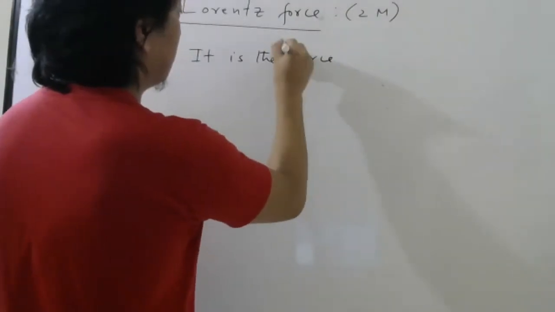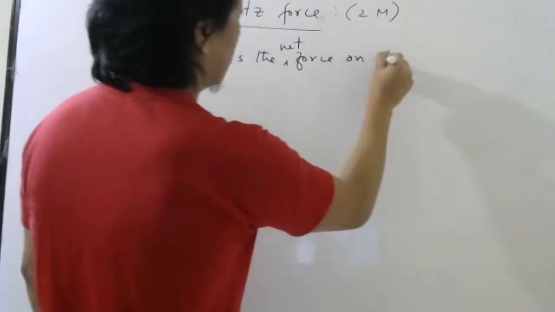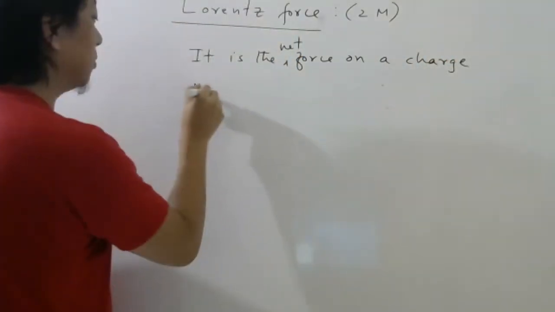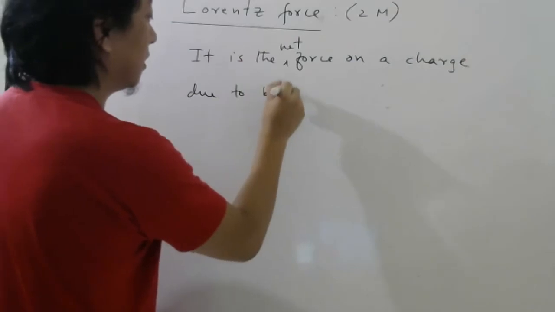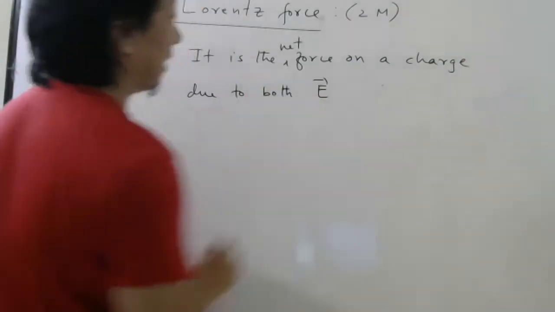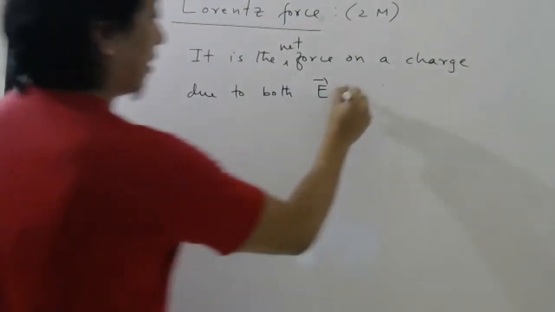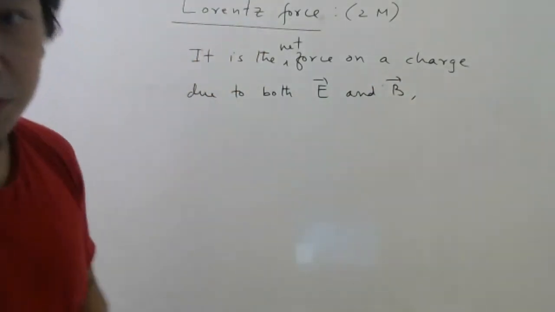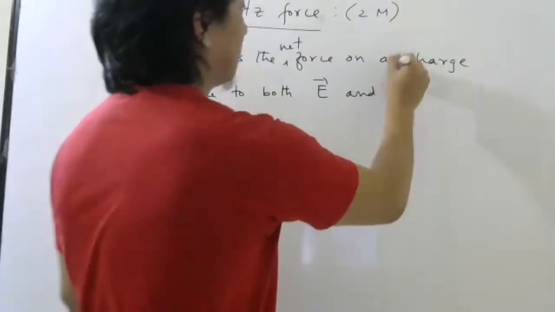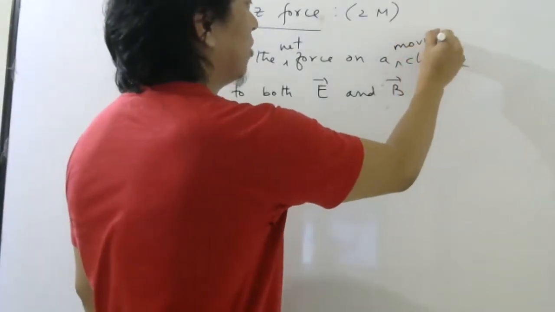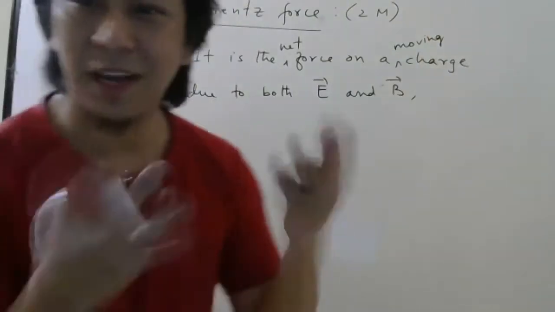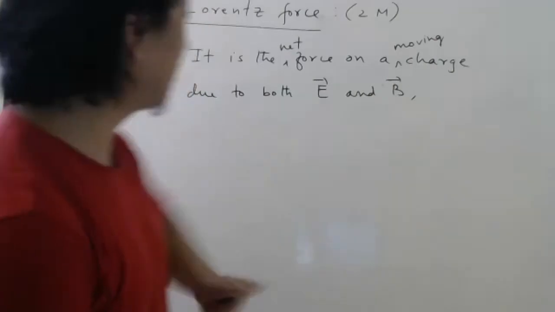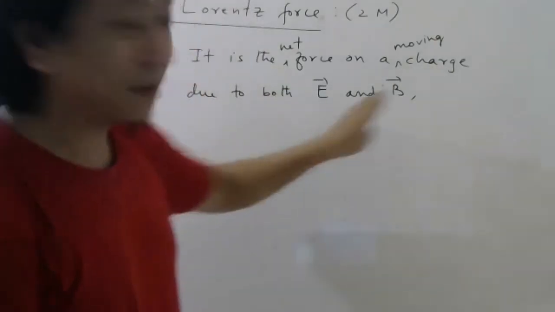So it is the net force on a moving charge due to both electric field and magnetic field. In the exam, write electric field and magnetic field. It has to be moving, because if it is not moving, then the magnetic force will have no role.